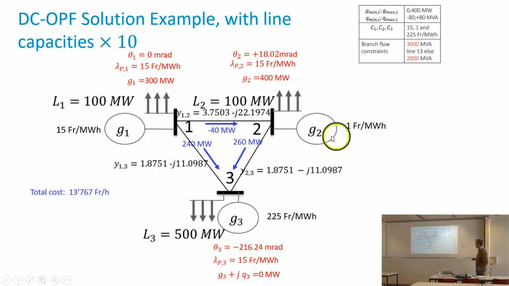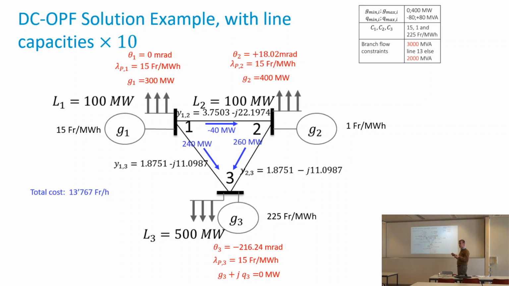So you can imagine that node 2 here is at a given altitude, which is given by this, plus 18. Node 1 is at altitude 0, and node 3 is altitude minus 216. So if you put some fluid here, in order to reach there, some of it will flow here because G1 is below. And there's no way you can avoid that. So you cannot control the power flows individually.